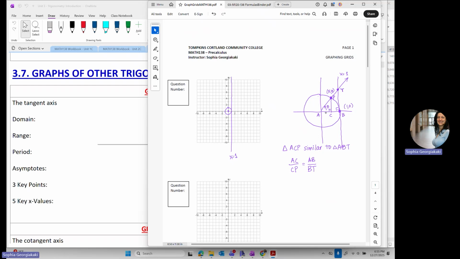And we know that AC is the x-coordinate of point P, and CP will be the y-coordinate.